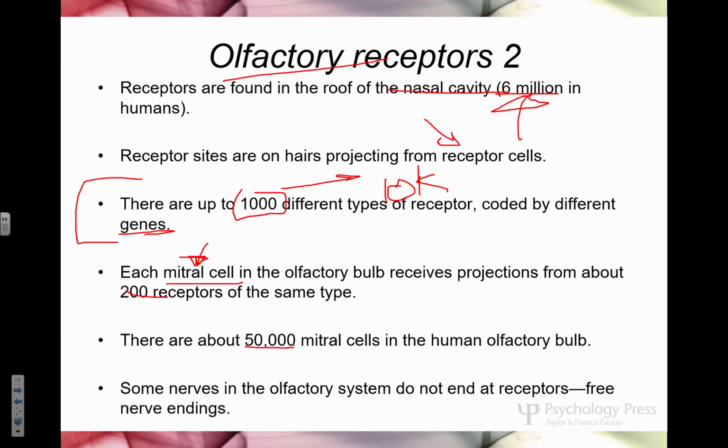You might think, well, 50,000 is still a big number, right? But it's not nearly as big as 6 million. There's a bunch of extra zeros there for 6 million that you don't get for 50,000. So we're really narrowing that down, converging all of those inputs into one thing, which is pretty cool, but still keeping it separate by receptor type.